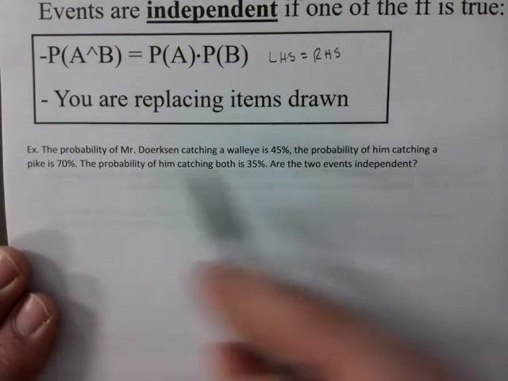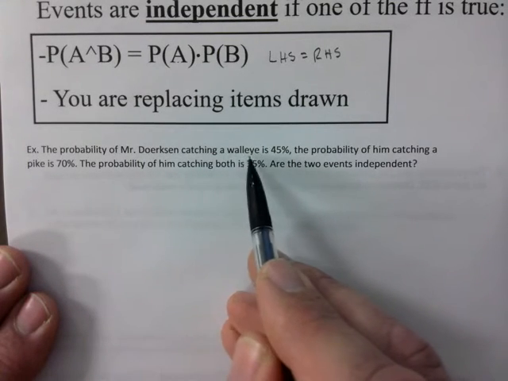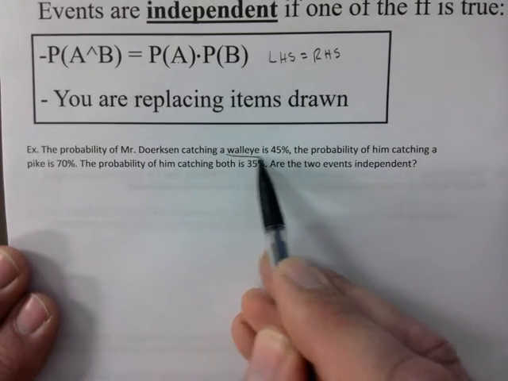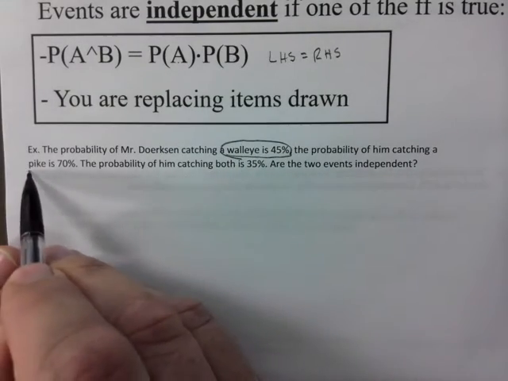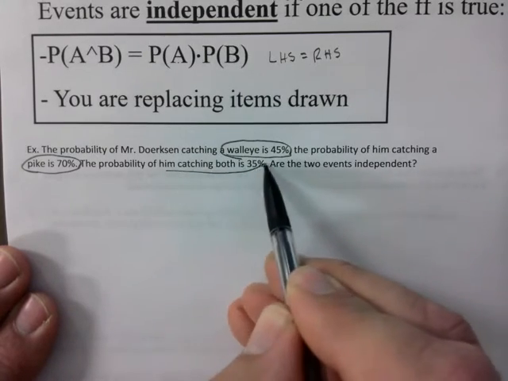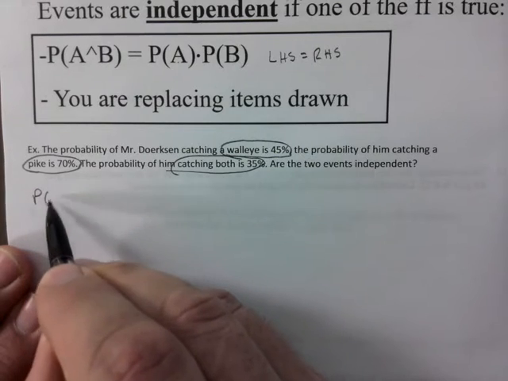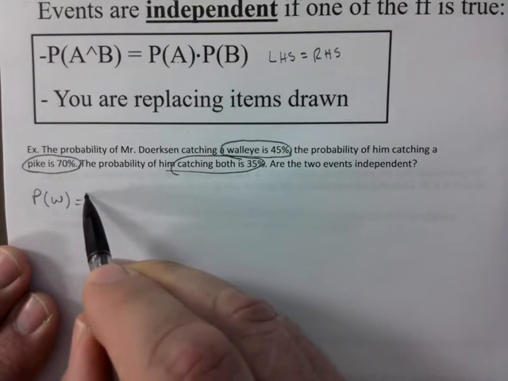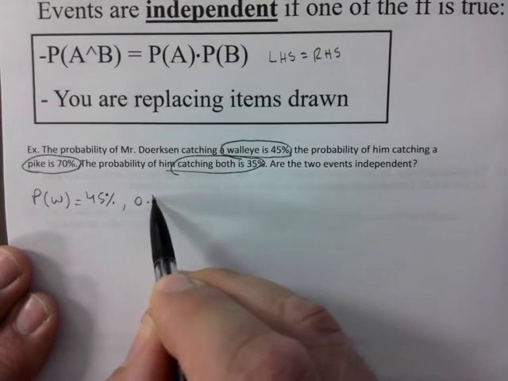So let's do just a little practice question here. The probability of Mr. Erickson catching a walleye is 45%. I'm going to circle that. The probability of him catching a pike is 70%. The probability of him catching both is 35%. So you're given the probability of each individual catch, right? 45%, which is 0.45.